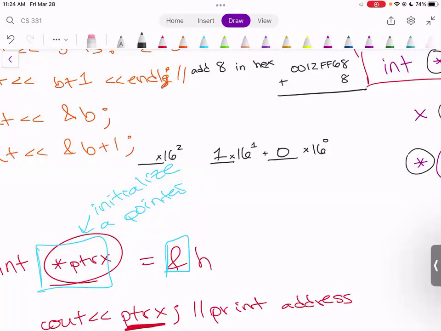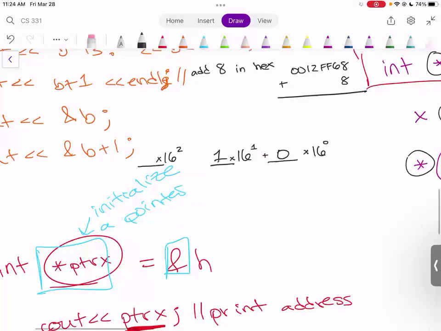Because 1 times 16 is 16. That's to bring it back to decimal. You have 16 in decimal form, or you have 1 0 in hex form. So I would add 10. Like 10 is too high for hex, isn't it? No. After 10, it's A, B, C, D, E, F.